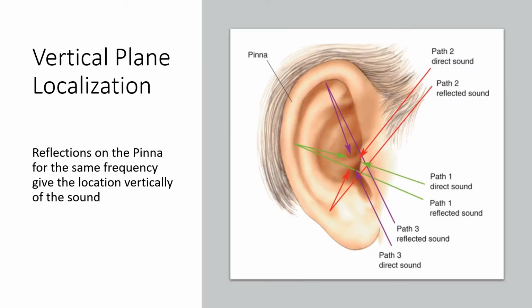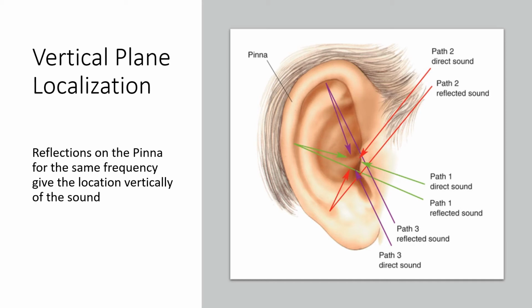So how can we do the vertical plane though? We have the horizontal axis, where we use timing and intensity differences between the two sides. In the vertical plane though, what we're going to rely on is actually the reflections inside our own ear. Your ear has a shape to it that's not just flat, it's not just an opening, it has this conical pinna shape to it.